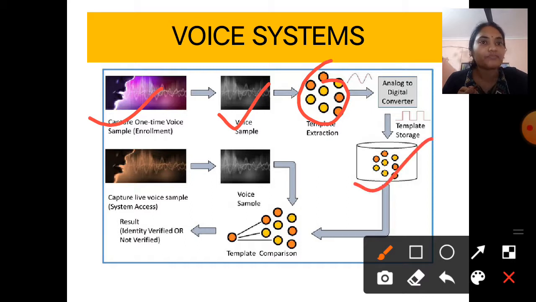Okay. After that, when capturing a live voice sample, that is, when we say any command, the voice command is also converted to a voice sample. Then the voice sample is matched with the previously stored one.